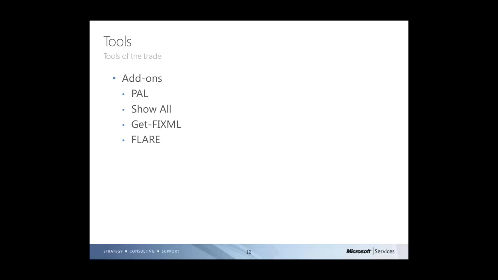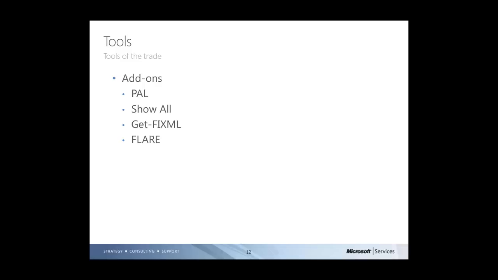Show all, I'm going to go over a couple of these things in a minute. Show all is something that we use a lot for showing why things show up in search on your enterprise search page. I'll show you that in a second. Get fixML is a script that's online, and all of these scripts are in the reference at the end of this, and I'll show you a quick version of this too.